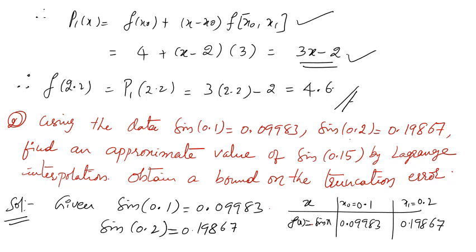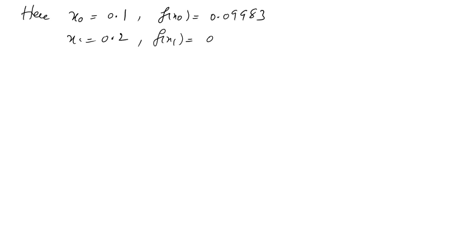So one more thing I am writing clearly. What is x0 here? x0 is equal to 0.1, and f(x0) is equal to 0.09983. x1 equal to 0.2, f(x1) is 0.19867.